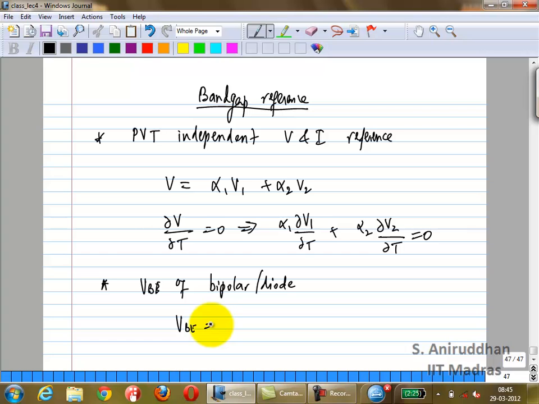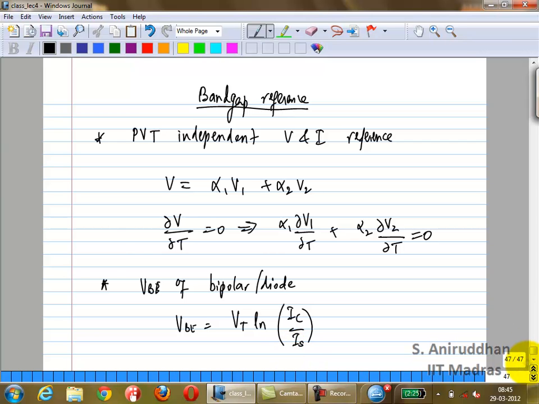What is VBE, if you write it in terms of other parameters? VT ln(IC/IS).